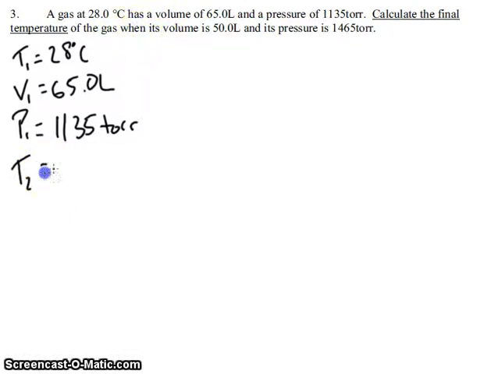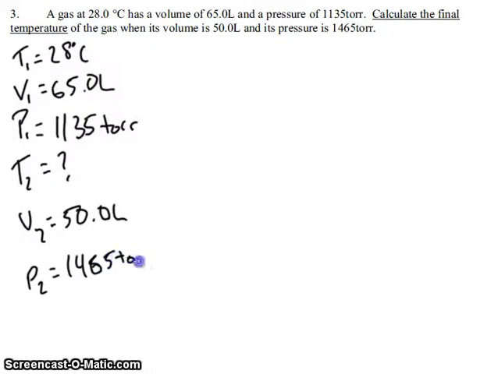So we're looking for the final temperature when the volume is 50 milliliters, or 50 liters, sorry. And the pressure is 1465 torr. So our P2 is 1465 torr.